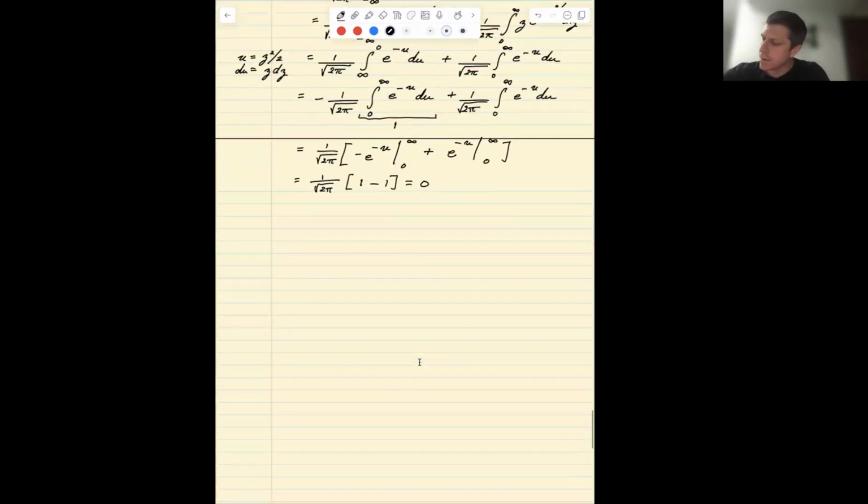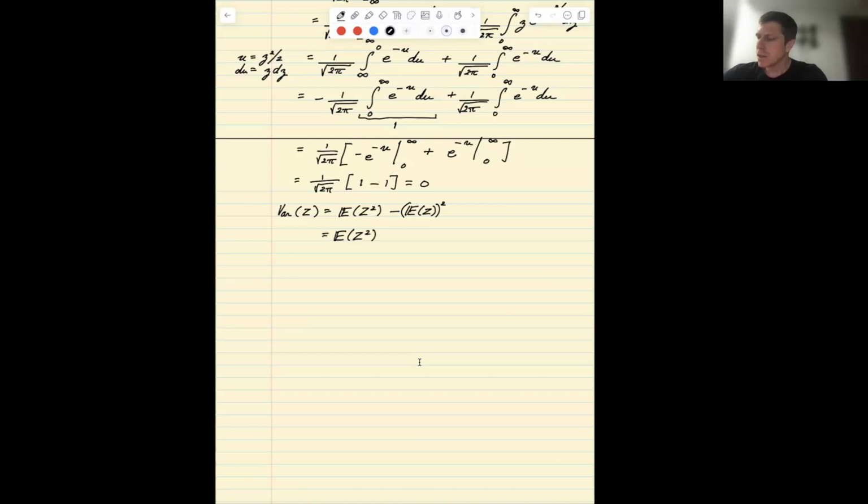The variance of z is the expectation of z squared minus the expectation of z, the quantity squared. Which we know is just equal to the expectation of z squared because the expectation of z is 0.